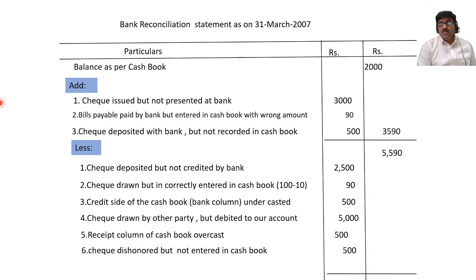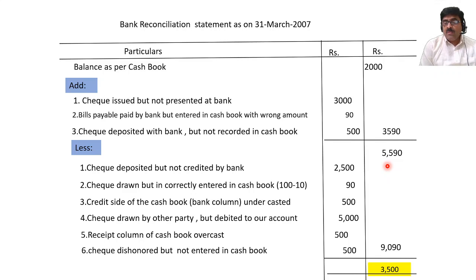5,590 is the total amount. Total deductions 9,090. Now here we have to observe one important item. Here total deductions are more than the additions. It means that whatever amount we are going to get, that is 3,500, it is going to be a loan from the bank, that is called an overdraft.